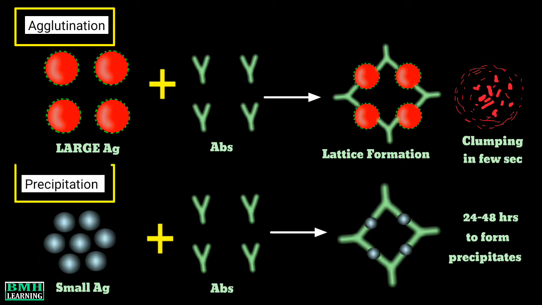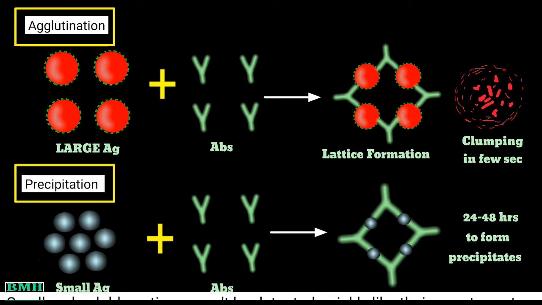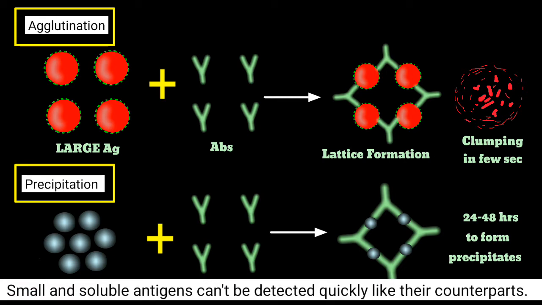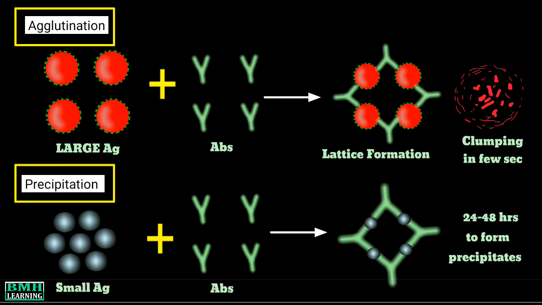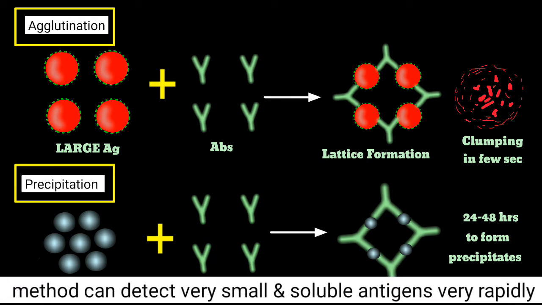These kinds of reactions are called precipitation reactions. So remember this, small and soluble antigens can't be detected quickly like their counterparts. Now this is really important. Using the agglutination inhibition method, we can detect very small and soluble antigens very rapidly, even when they don't show agglutination.